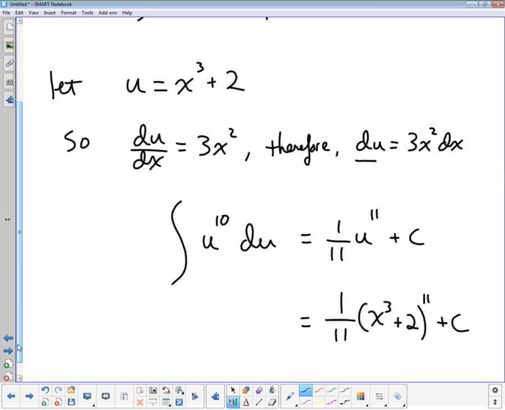So when I mentioned before that this kind of approaches an art form, this is one of those things that leads me to that statement, in that you would have to look at that and say, wait a minute, what do I have? I've got this 3x squared in there.